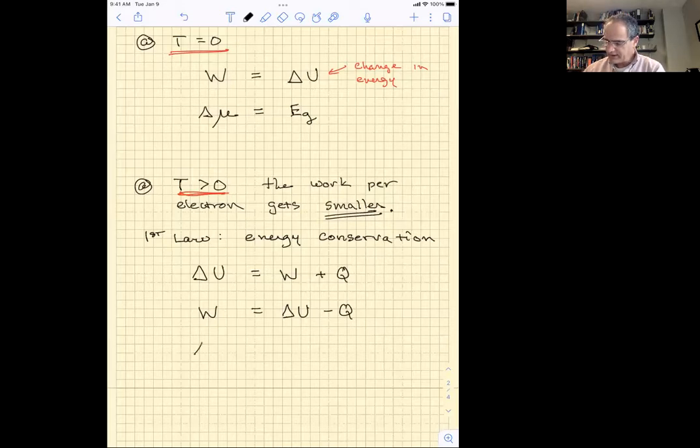In our case, the work done per electron we're calling delta mu, and this is equal to the band gap, that's the change in the energy of the electron, minus another term.